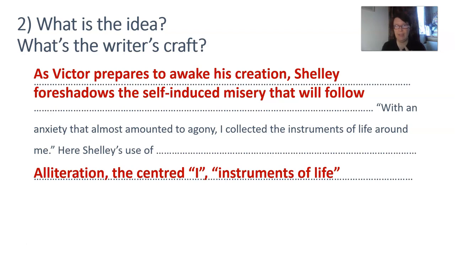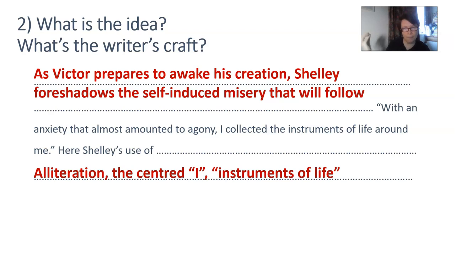But we have Victor here, and of course he is giving his testimony to Robert Walton verbally, and so we have that lovely kind of, he does all of these literary, dramatic, theatrical devices, doesn't he, as he speaks, "an anxiety that almost amounted to agony."